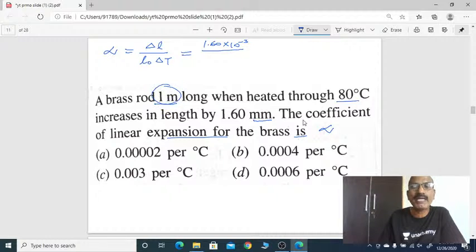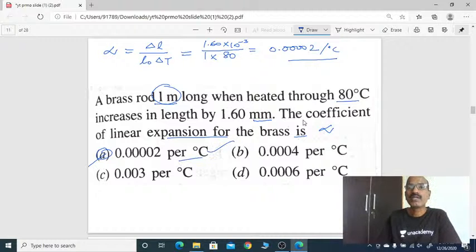Original length is 1 meter, into rise in temperature, which is 80 degree. Simplify, you will get 0.0002 per degree Celsius. So option A is the correct answer, right?